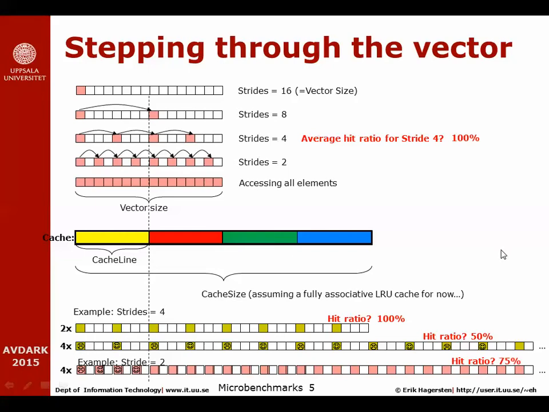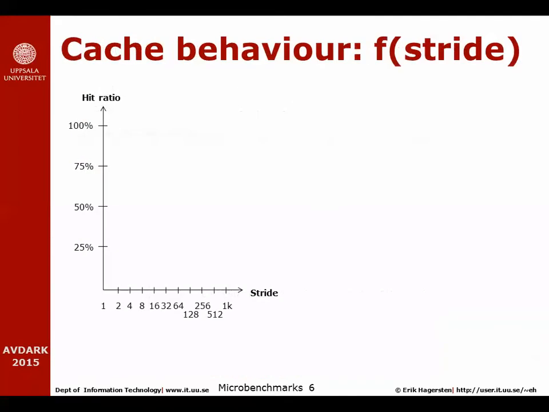Okay. Based on these properties, we're almost ready to start to reverse engineer a cache based on these kinds of experiments. But let's first look at what effects these hit ratios will have on average latency, and also what we can expect this kind of behavior to look like when we have a cache hierarchy.